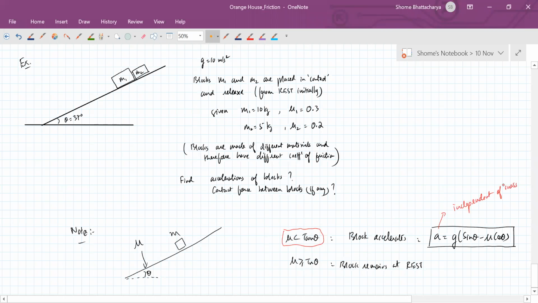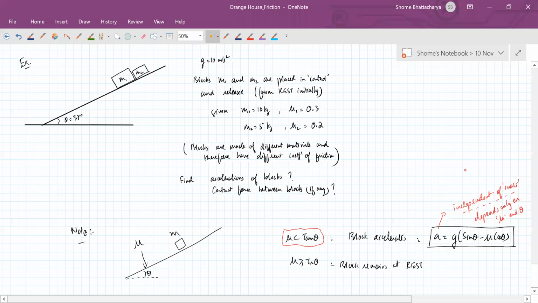Why? Because the normal reaction also depends on mass. So mass cancels out. Okay. So the acceleration depends only on coefficient of friction and of course theta. So the greater the mu, the lower the acceleration. So this is the key thing we have to understand.